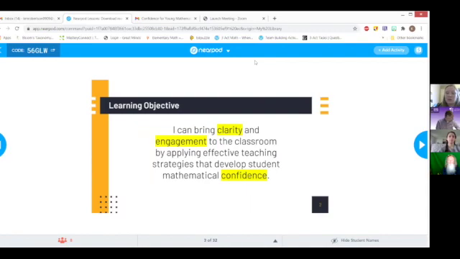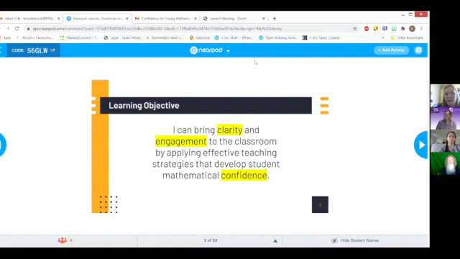When I introduce a learning objective in my classroom, we highlight some of the key vocabulary words from that learning target. As you noticed in this one for today, clarity, engagement, and confidence are the 3 vocab words that are highlighted, because those are the ones that we're going to necessarily hit on throughout the rest of this presentation.